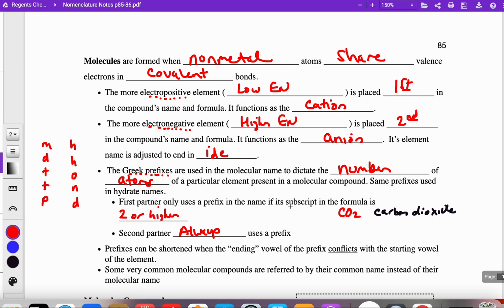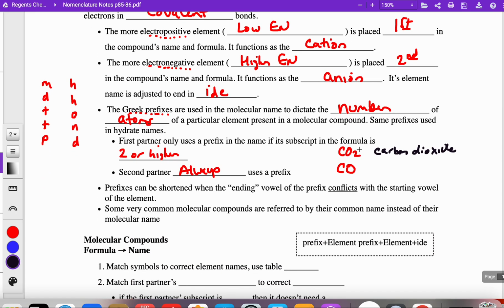Here's another example where you have this chemical formula, capital C, capital O, CO, and right away many of you will be able to name this substance. So this is no longer carbon dioxide, but this is carbon monoxide.